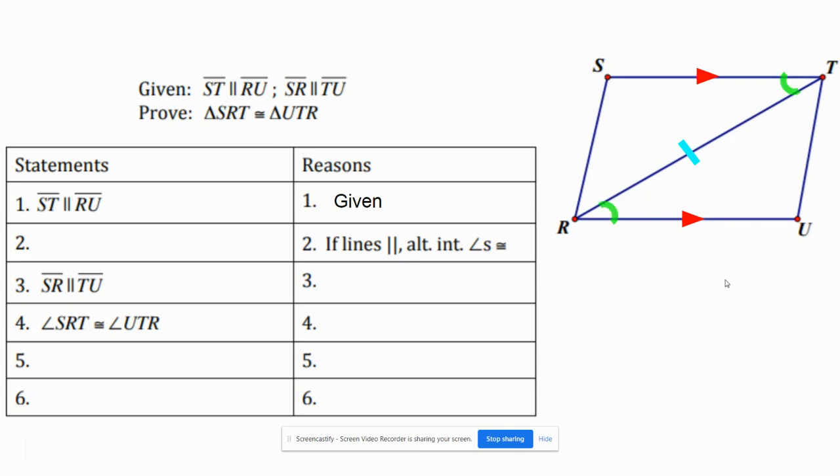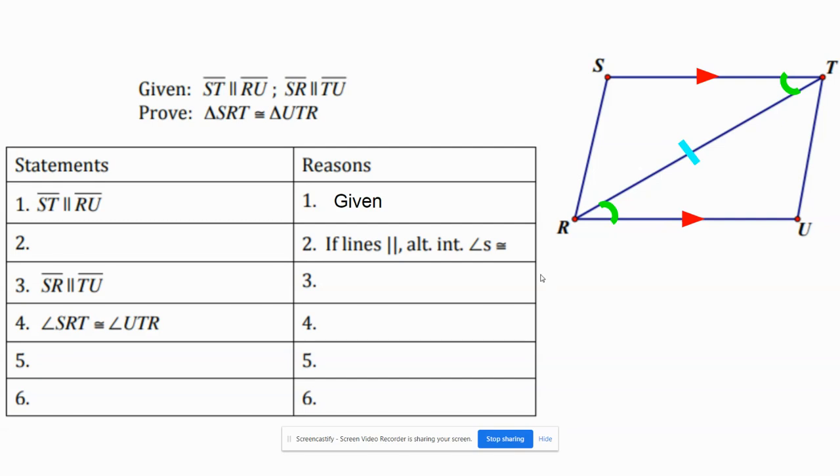So I'm going to mark them first. I know that these two angles are congruent because I have two parallel lines that are cut by a transversal, and they are alternate interior angles. So what we're saying is if lines are parallel, alternate interior angles are congruent. That's what reason number 2 says.